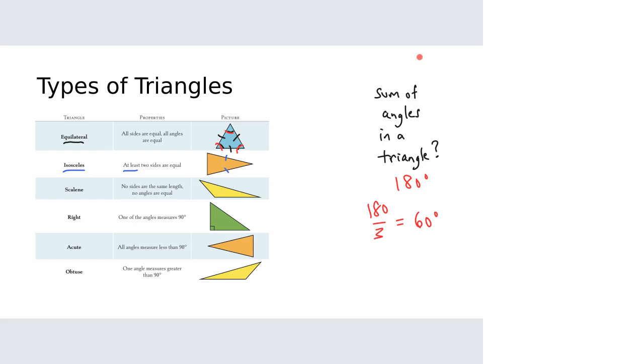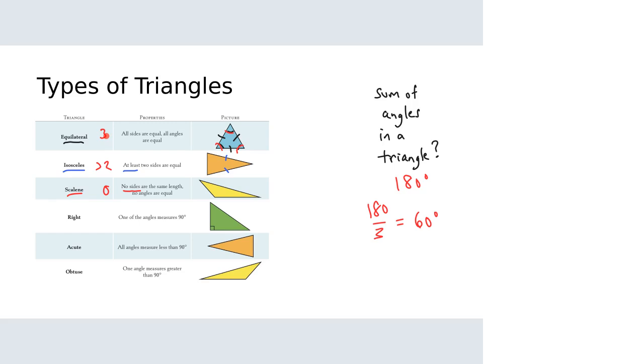The third type of triangle we're going to look at is called scalene. And in a scalene triangle, no sides are the same length, no angles are equal. Essentially, we've talked about the side lengths of a triangle. We have no sides that are the same as each other. We have at least two sides that are the same as each other.